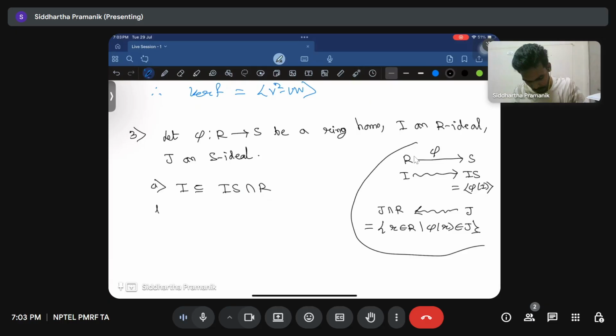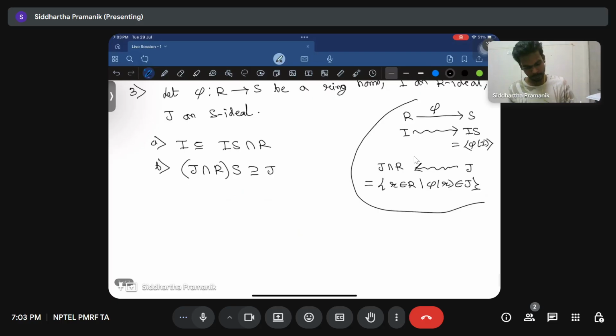And the second problem is, if you take J and contract it and again extend it, then it will be contained in the original ideal J. And these are containments.